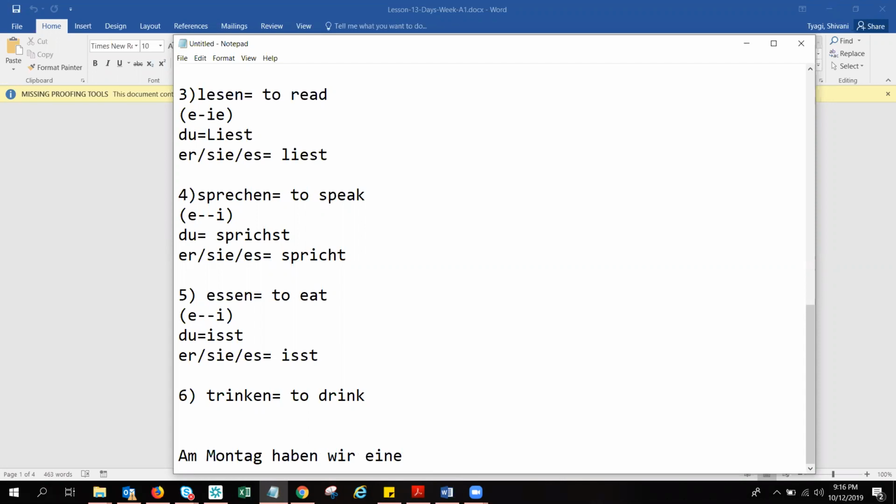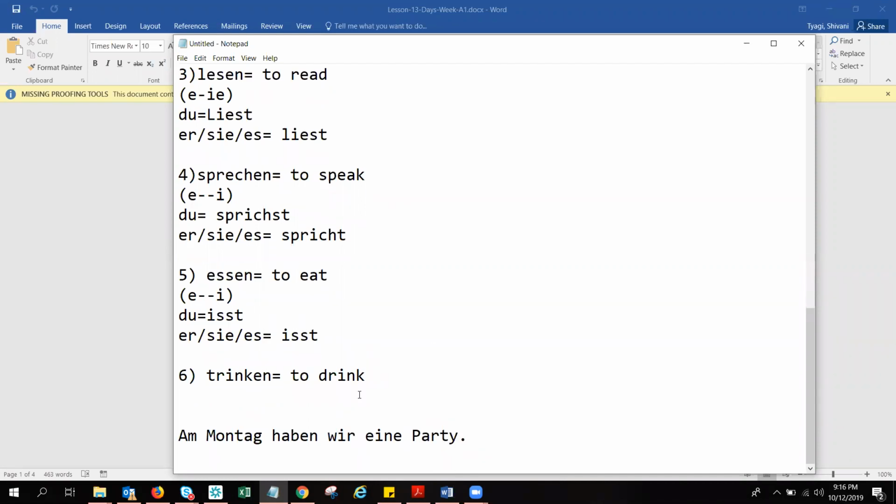So why are we using haben before the subject? Because we have learned a normal sentence takes subject plus verb, and the verb should be in the second position. So here, as I told you, if we have a time related word, anything related to time like Monday, Tuesday, morning, evening, or a fixed time, or months, or year, on the first position, the next position will be of the verb.